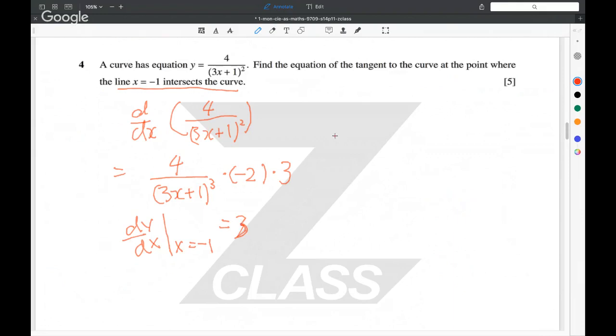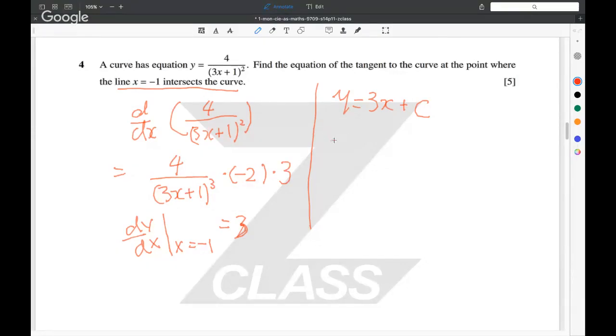So we know the tangent has gradient 3, and it has the form y equals 3x plus c. And the next step would be to find the coordinates of the point.